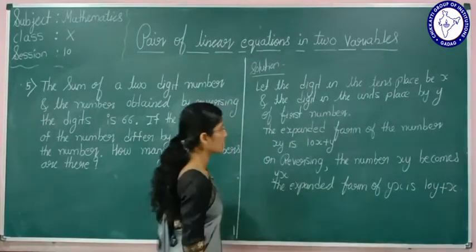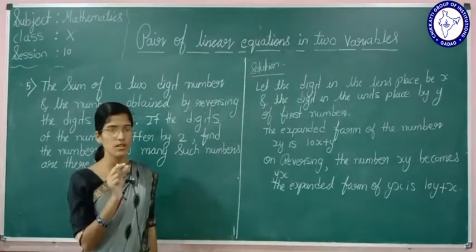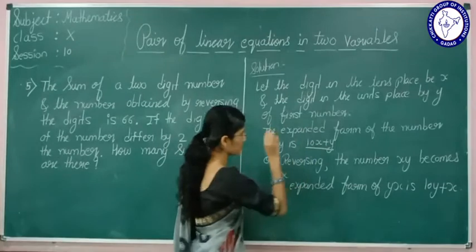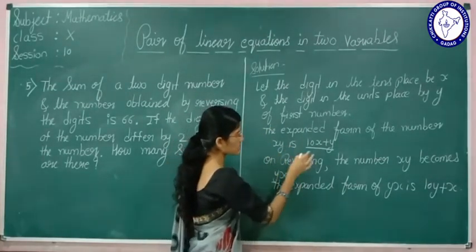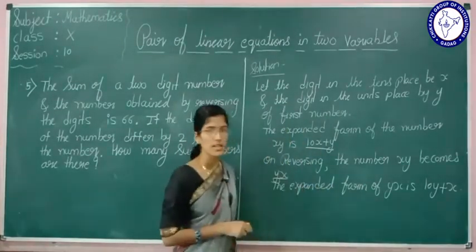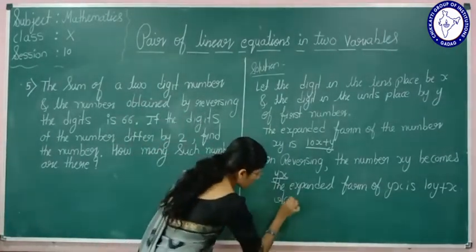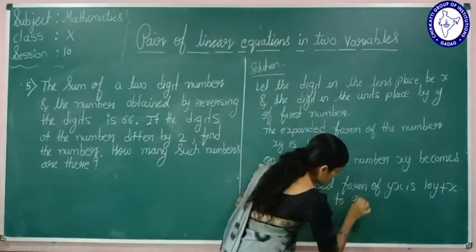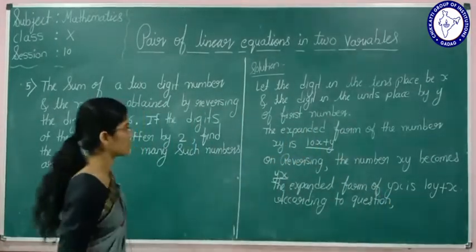Yes or no? Now what did I take here? We just took one number xy. The expanded form we have written is 10x plus y. We have reversed this number. On reversing, the number xy became yx. The expanded form of yx is 10y plus x. See now, according to the question, we will frame the equations here.